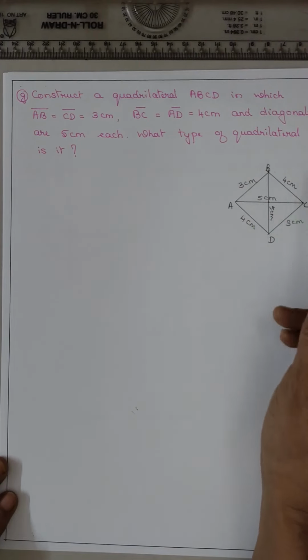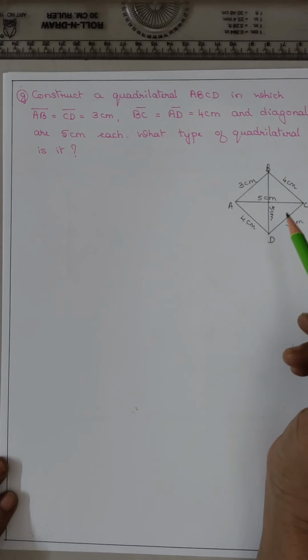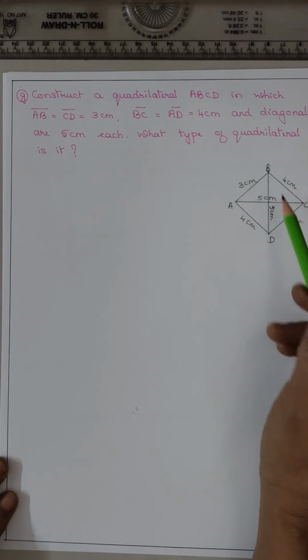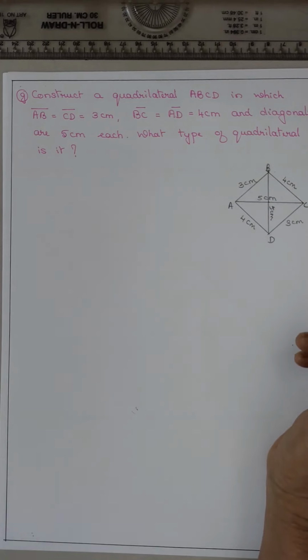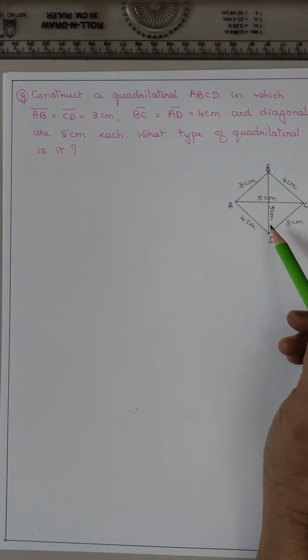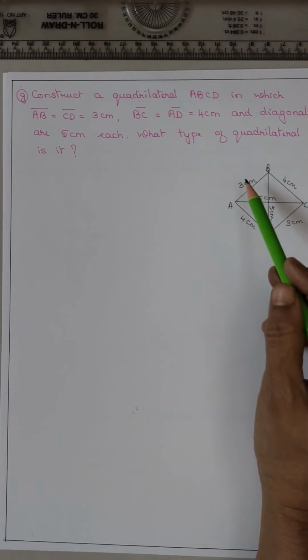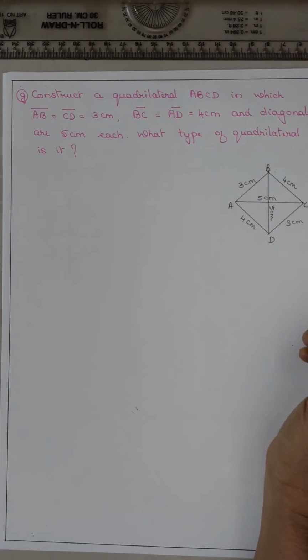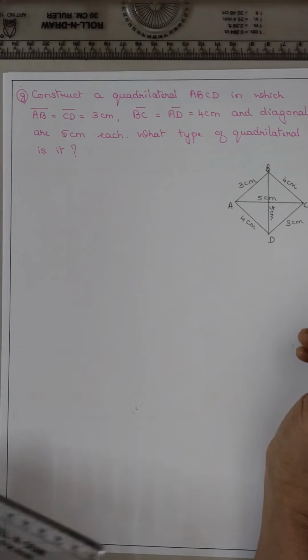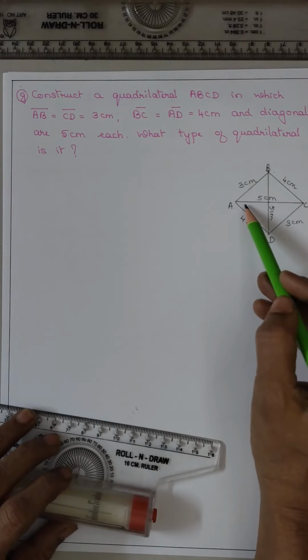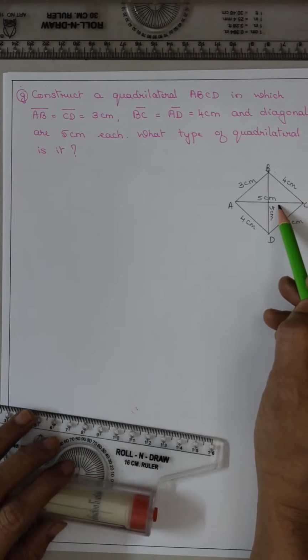That means opposite sides are equal and the diagonals AC is 5 centimeter, BD also 5 centimeter. Means the diagonals are equal and opposite sides are equal. Okay, now diagonal 5 centimeter is given.